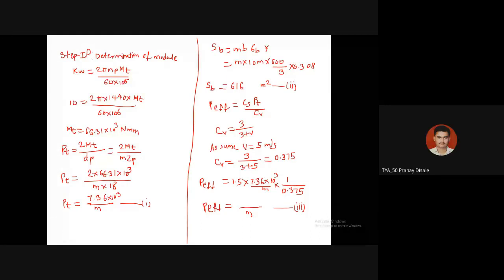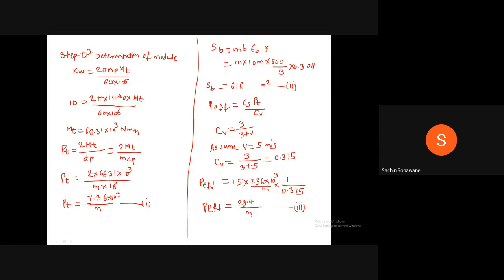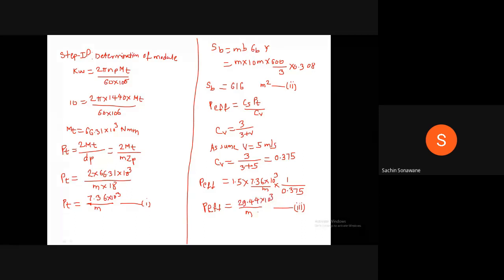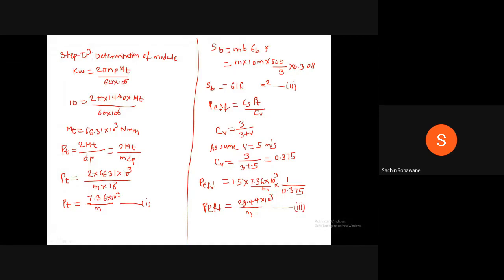The value is 29.44 into 10 raised to 3. Now, as per our step, we have to equate equations 2 and 3. Therefore, write down SB is equal to P effective into factor of safety.